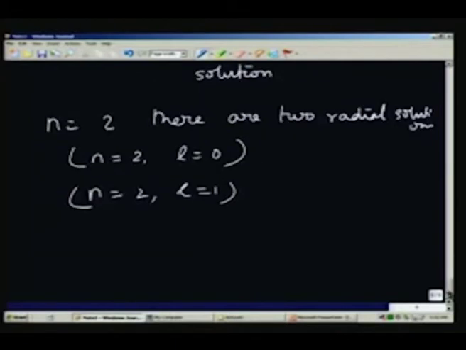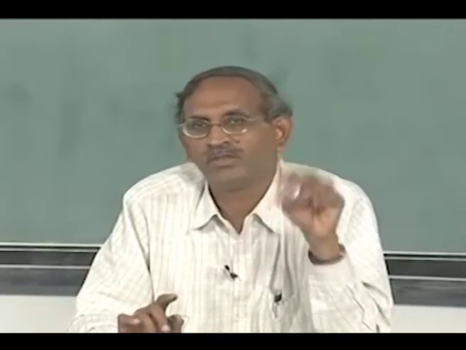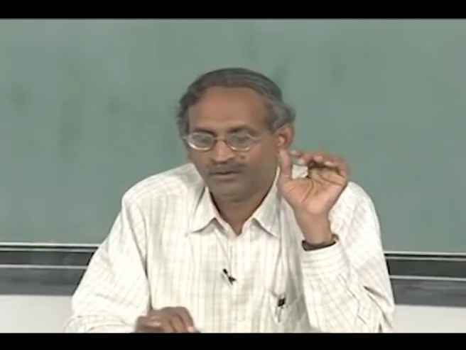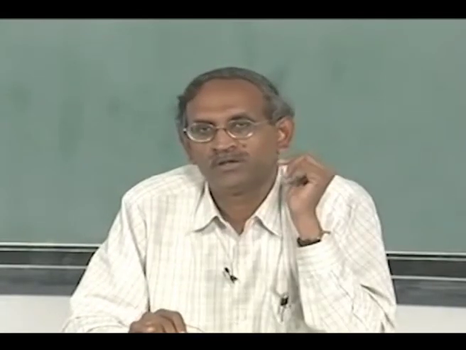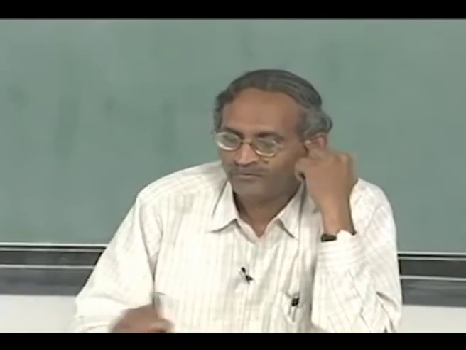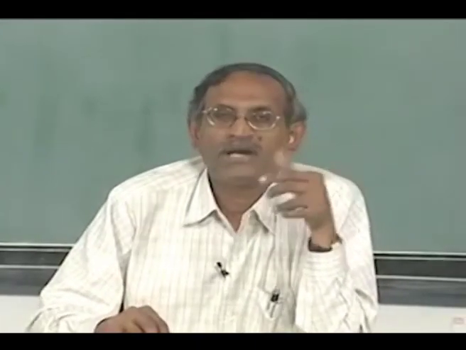And in the successive cases, as you increase n to 3, 4 and 5, etc., the total number of solutions is n, corresponding to l equal to 0, 1, 2, 3, 4 up to n minus 1. So there are n solutions for any radial wave function with the principal quantum number n. The values of l, of course, are 0 to n minus 1. The other thing is, the radial and angular parts also control the phi part.